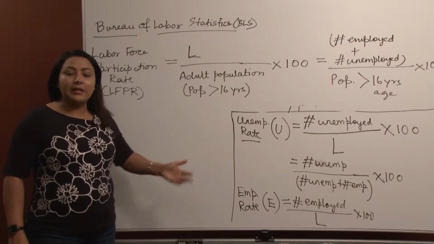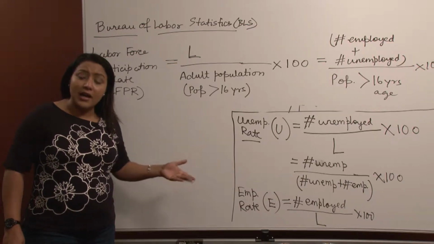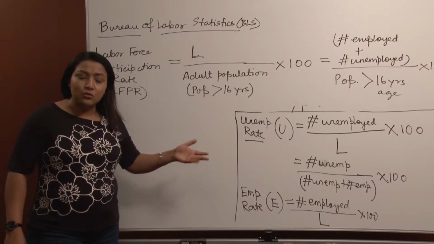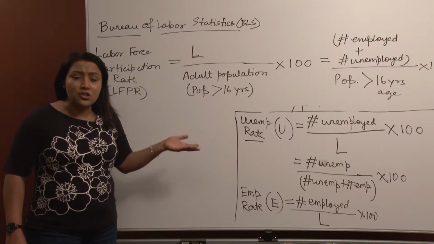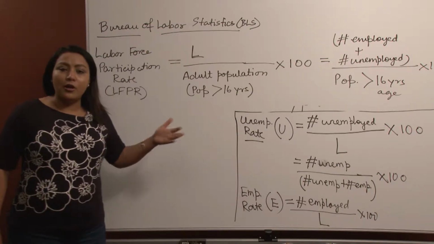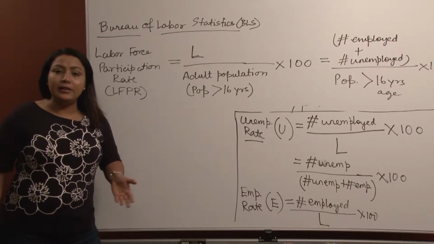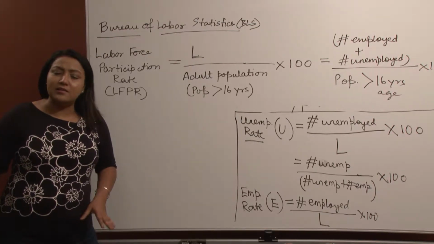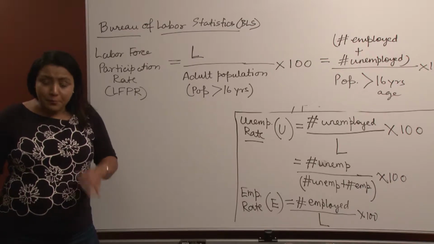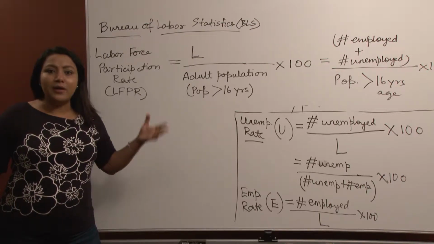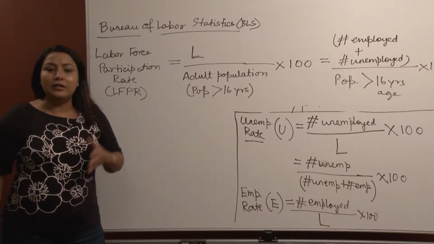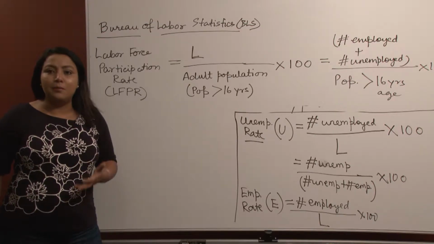If I say that the unemployment rate in the United States in 2008, 2009 during the Great Recession was about 9.8%, and currently the unemployment rate of the United States is about 1%, then it says that the US economy has done well in terms of reducing its unemployment rate.